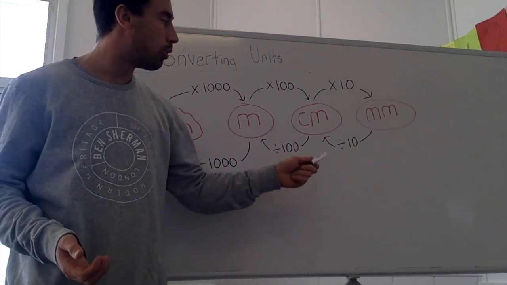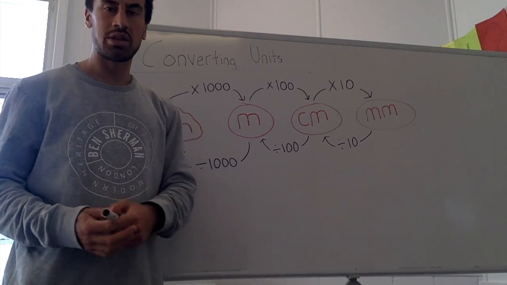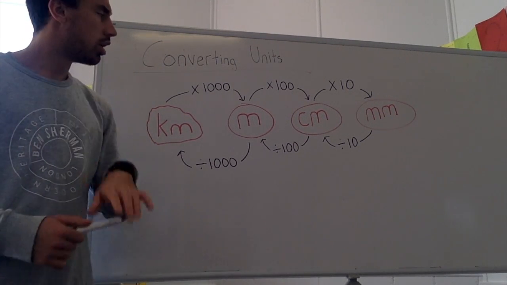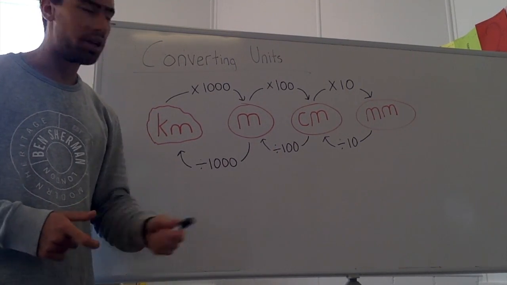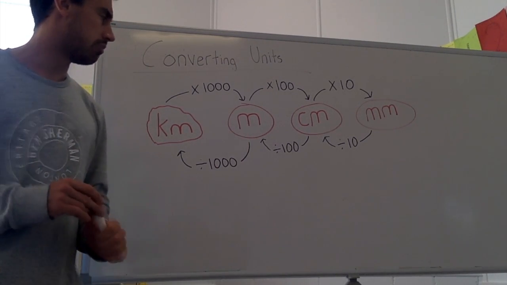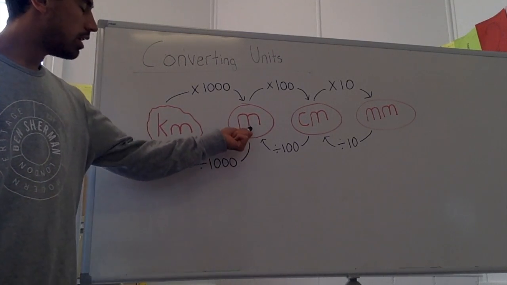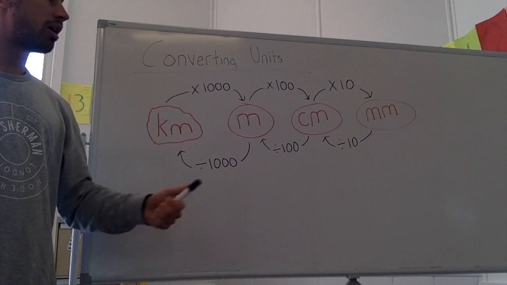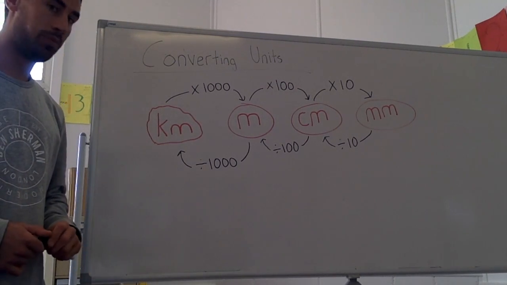So for example, 100 centimetres, what's that in metres? 100 divided by 100 is 1 metre. Good maths on the spot there. I'm sure everyone got that one. Then if we want to convert metres into kilometres, we divide by 1,000.